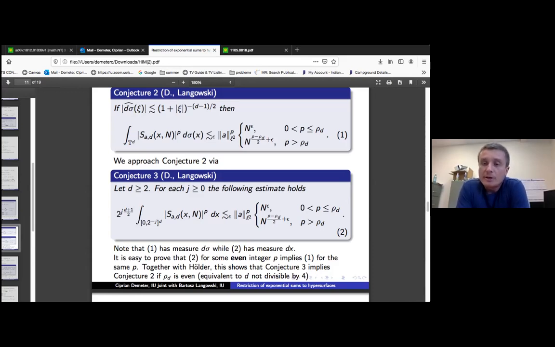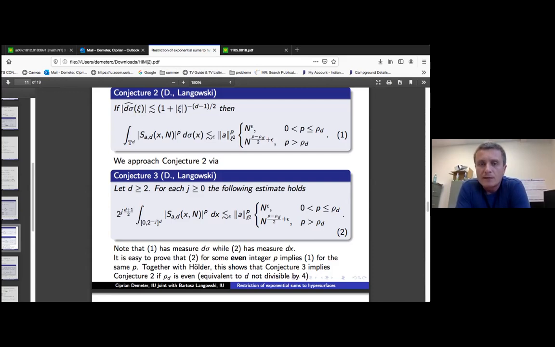Now, I'm going to show on the next slide why, if you have an estimate like in conjecture 3 for an even integer p, then that implies estimate 1, right? It's a bit counterintuitive because you go from something that's non-singular to something that's singular.